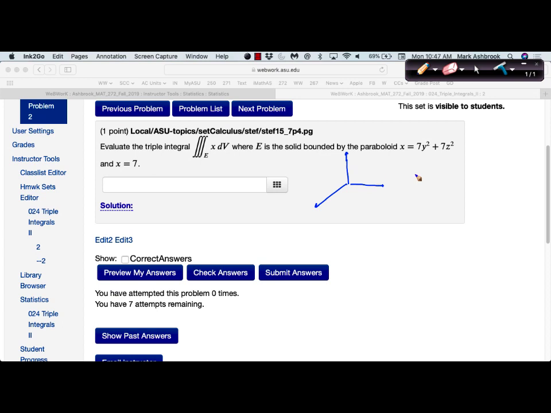Okay, so where's the vertex of that paraboloid? And which way does it open? And is it circular or elliptical? Circular, opens in the positive x direction, right? Maybe something like this.